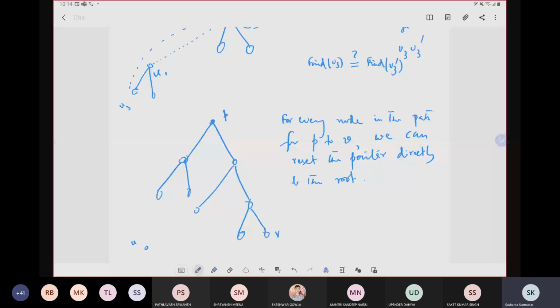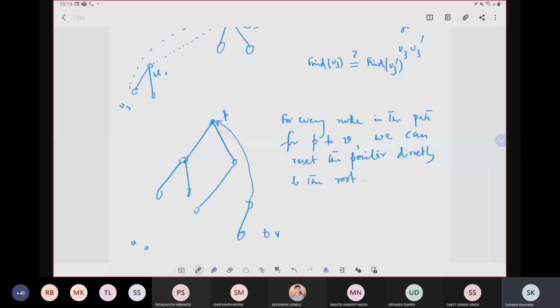So I'll delete this and make it point directly to this. For this node, I will just remove this and make the connection direct to this. I'll make a direct connection to the root node.